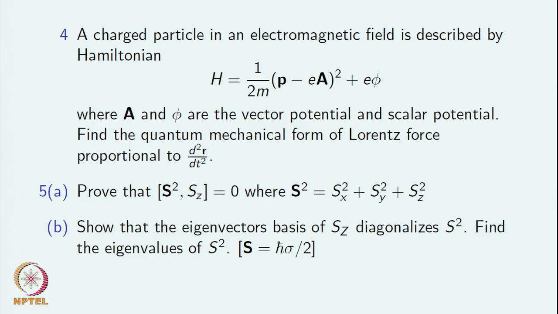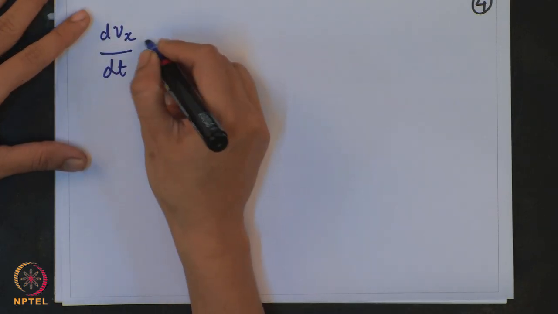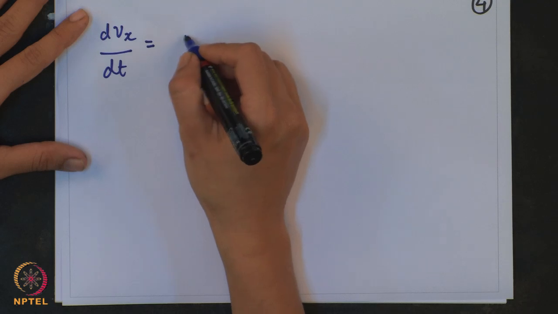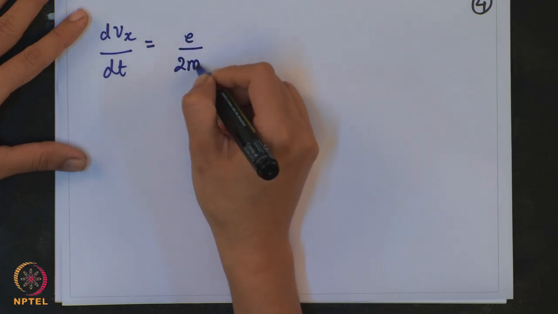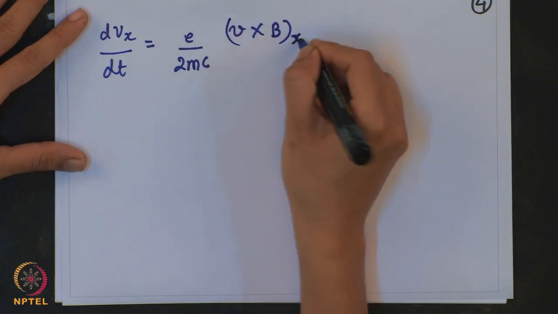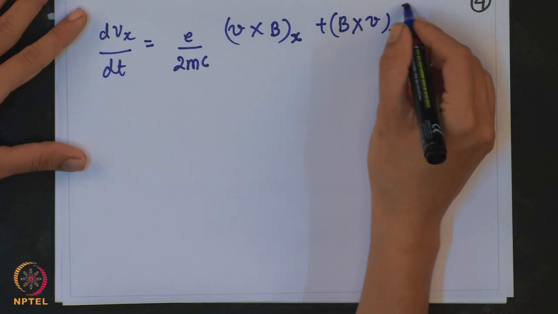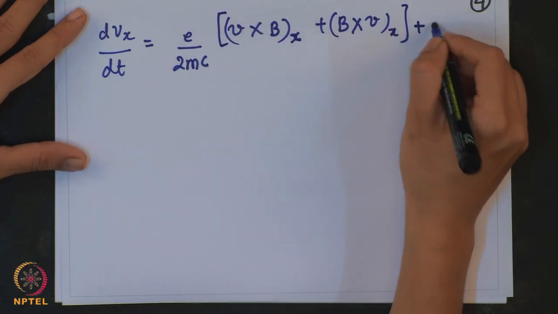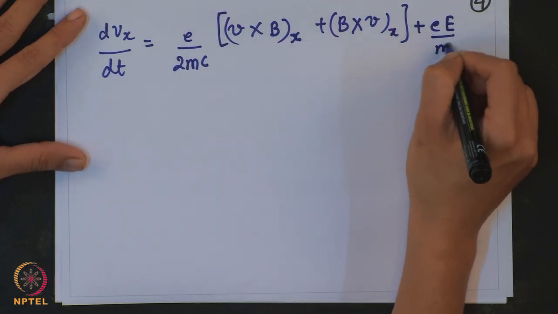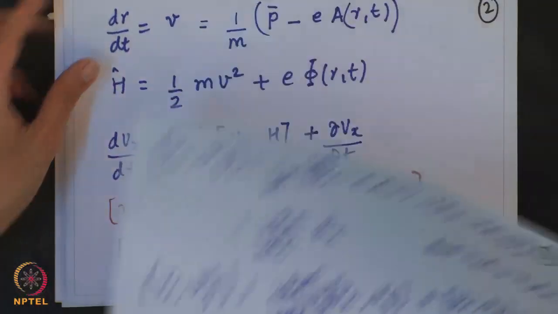When you do this addition, you will simply obtain dVx by dt is nothing but e by 2mc (V cross B x component plus B cross V x component) plus e by m. So, let us go back here.